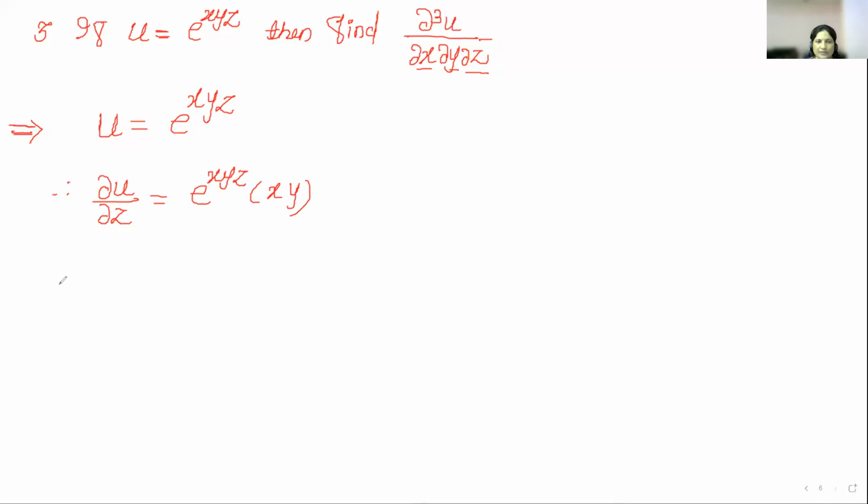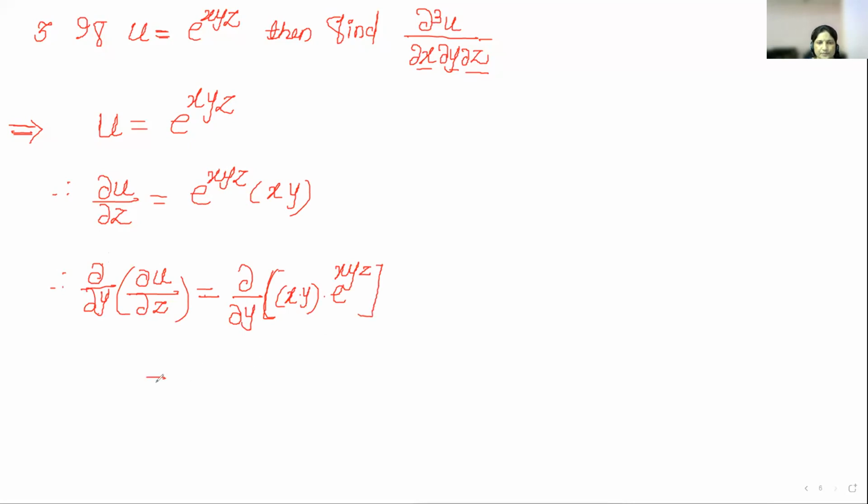Okay. Now differentiating this function with respect to y: ∂/∂y of ∂u/∂z is equal to, once again writing with that sequence, ∂/∂y for the function x·y·e^(xyz). Applying the u into v rule: first, e^(xyz) into the derivative of e^(xyz) with respect to y, it is xz, into xy as it is, plus the derivative of xy, e^(xyz) as it is, derivative of x into y with respect to y is simply x.